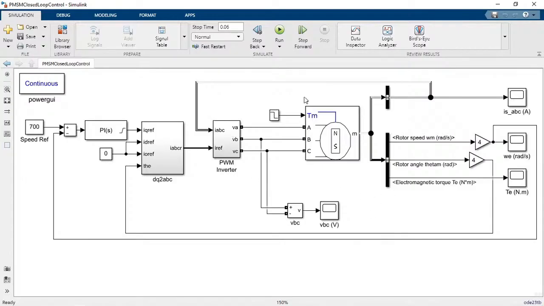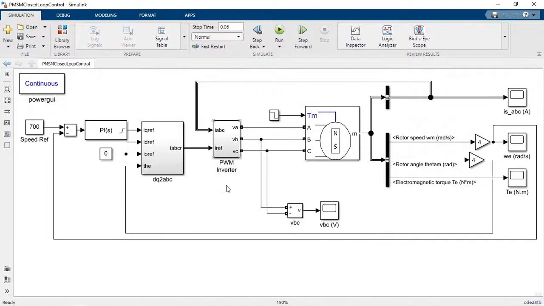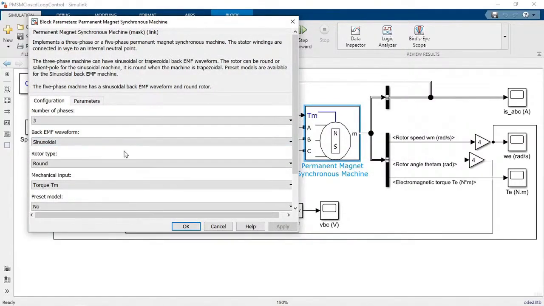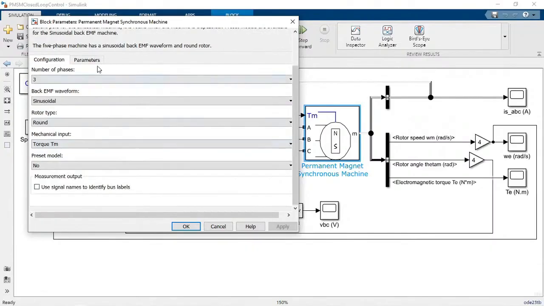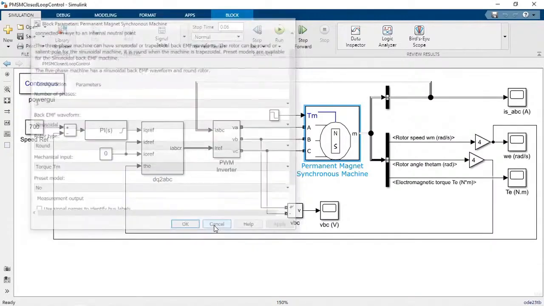Let us discuss one by one how this simulation has all its parts. This is a PMSM motor, a sinusoidal function motor, and all the parameters are mentioned here.